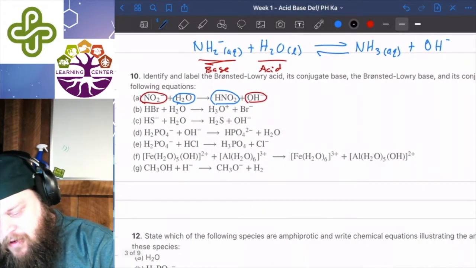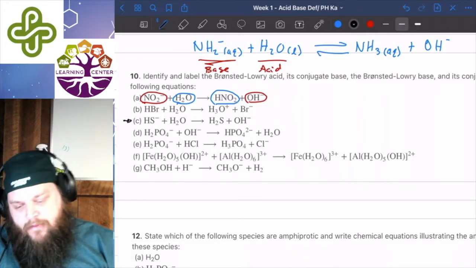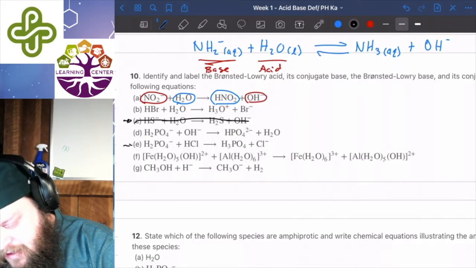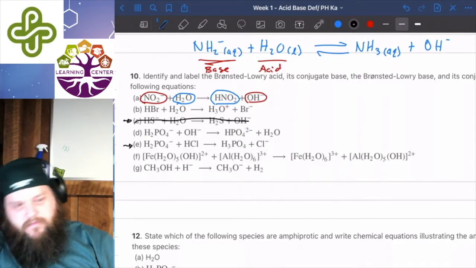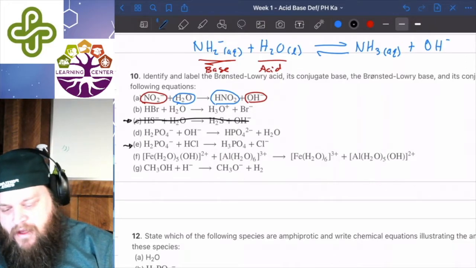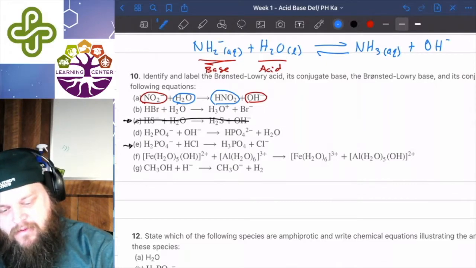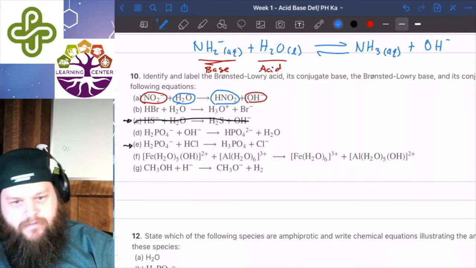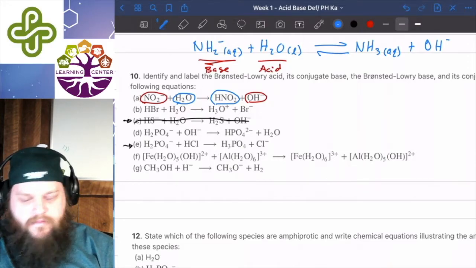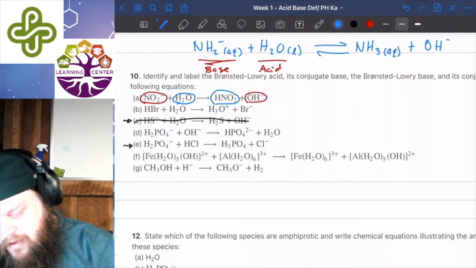What about part C? We just did that one up top, actually. Let's look at part E. What would the acid be in this one, starting out? HCl. Perfect.